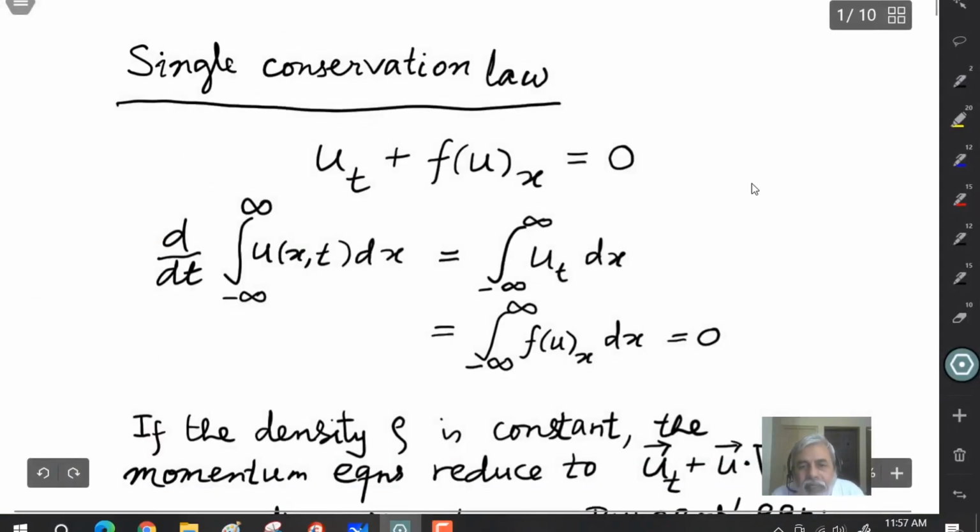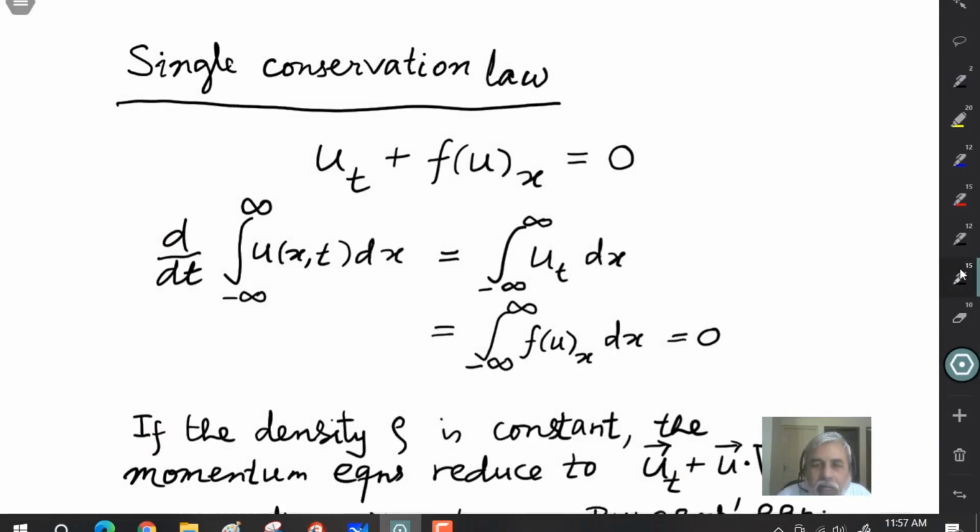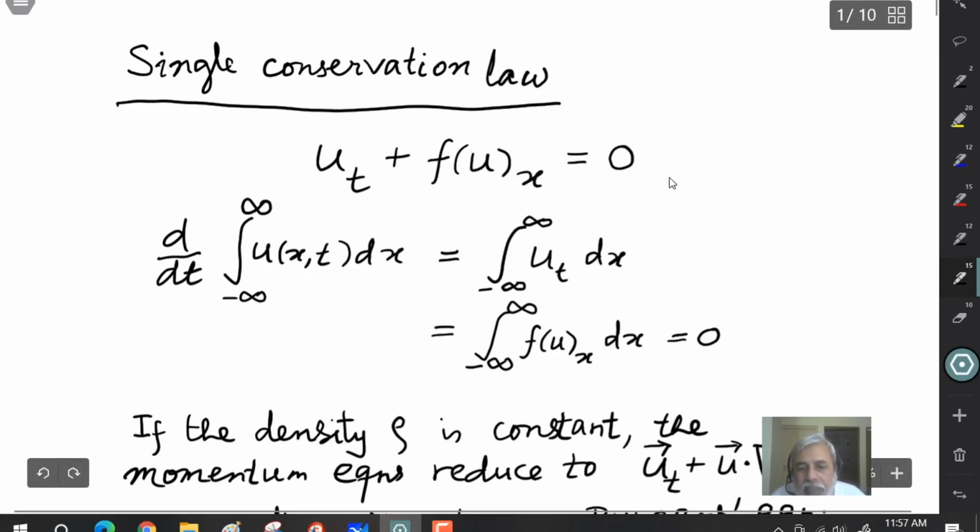A single conservation law is given by this equation, a first order Cauchy linear equation, u_t + f(u)_x = 0. As you go along, we'll put further conditions on this nonlinear function f.